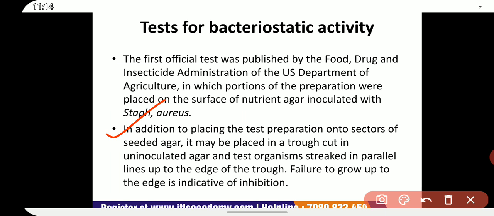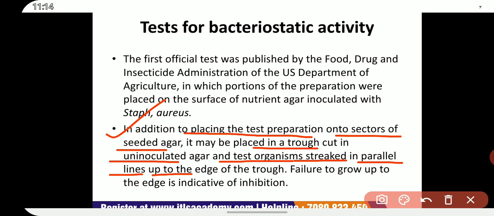In addition to placing the test preparation onto sectors of seeded agar, it may be placed in a trough cut in uninoculated agar, and a test organism is streaked in parallel lines up to the edges of the trough. Failure to grow up to 3 hours is indicative of inhibition.